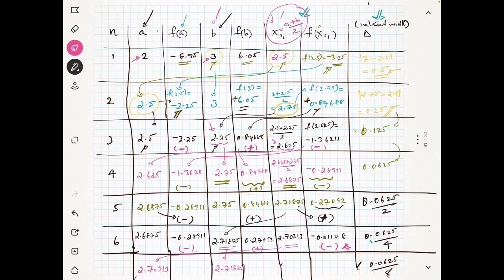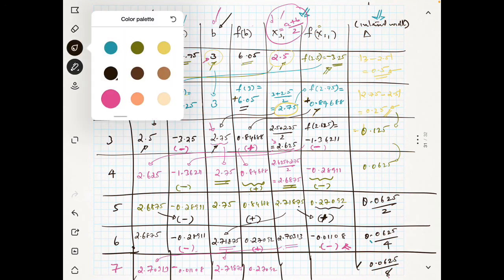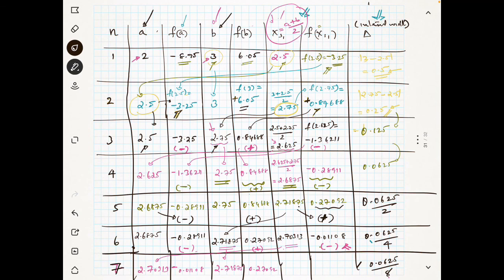Okay, and this function value is minus 0.01108, and this is nothing but 2.7092. So this is the seventh iteration. So in the seventh iteration you are getting 2.70 and 2.71.